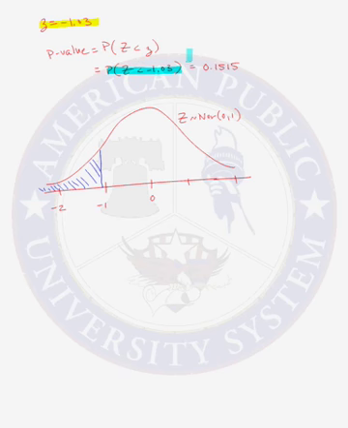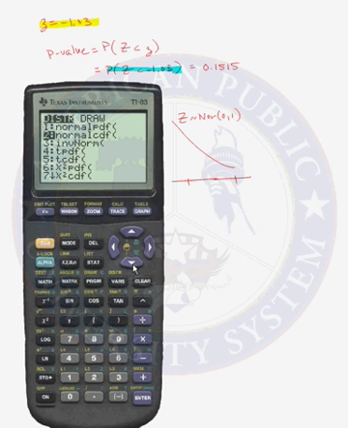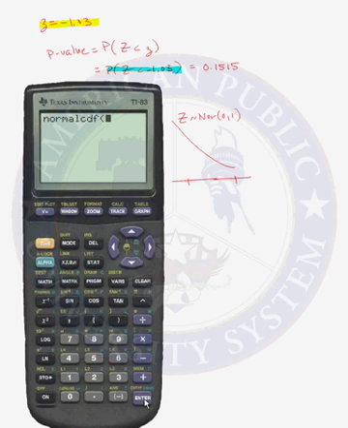Let's calculate this probability on the calculator. Remember, we said we could calculate this probability either using the standard normal table or the calculator. Let's use the calculator and verify the 0.1515. On the calculator, if we go to second vars down to NormalCDF, NormalCDF allows you to calculate areas under normal curves. If we hit enter, we need to put lower bound, upper bound, mean, and standard deviation.